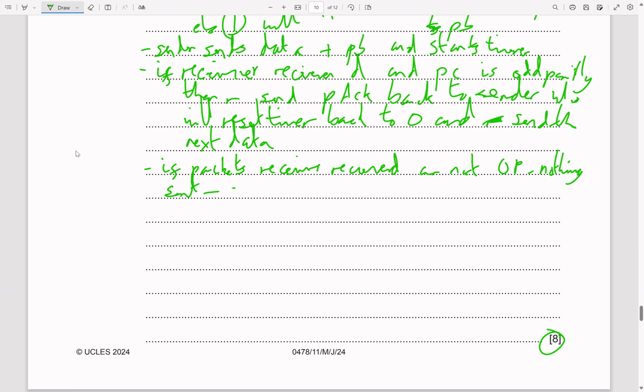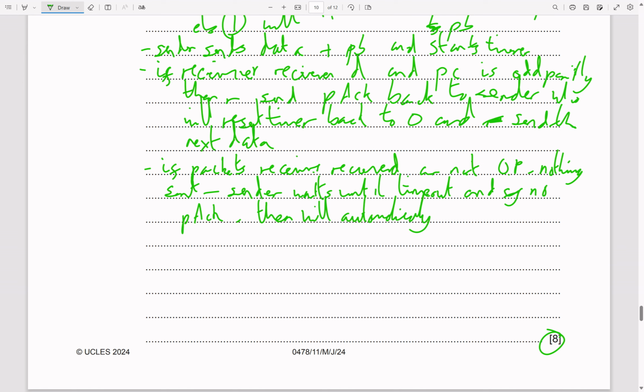Sender waits until timeout. Again, let's say this timeout is, I don't know, 1 second or 2 seconds. Sender waits until timeout, and if no positive acknowledgement, then we'll automatically resend to receiver.